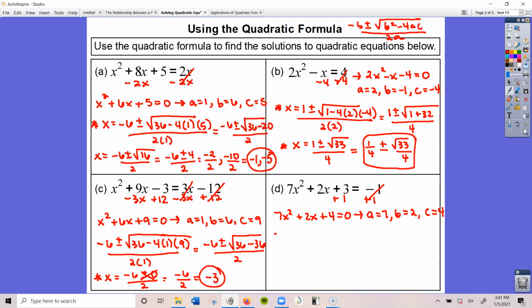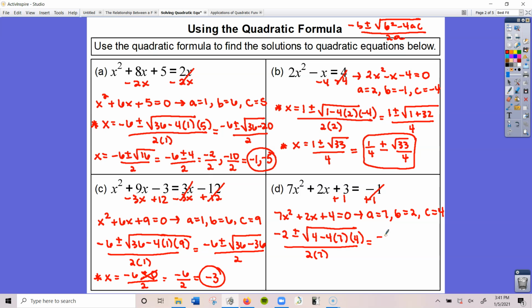So negative b, which is negative 2, plus or minus square root of b squared, so 2 squared, which is 4, minus 4 times a, which is 7, times c, which is 4, all over 2 times 7.